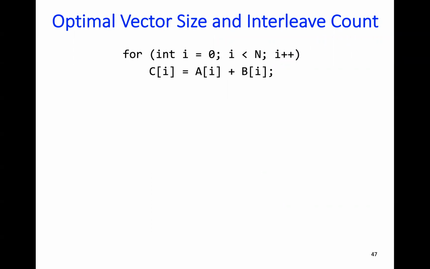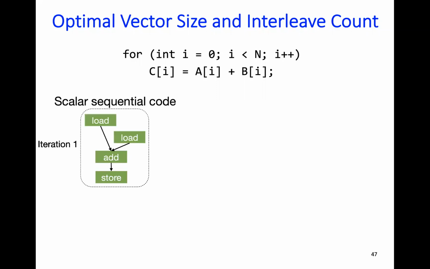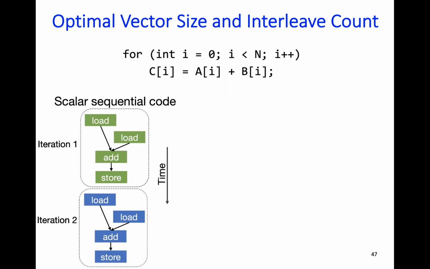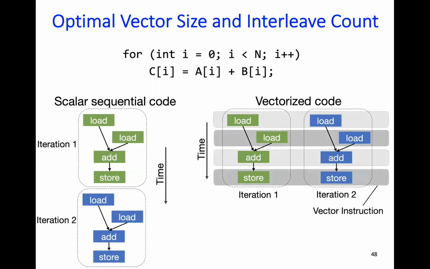So just to give you an idea, for example, for vectorization and interleaving, if we have here a code that adds two vectors together and puts the result in C. If we want to run this code sequentially, we would load one value from A, one value from B, add them up and store them. And that's what would happen in the second iteration. When we vectorize this code, we basically say, okay, we want to do these two loads at the same time, the adds at the same time, the stores at the same time.